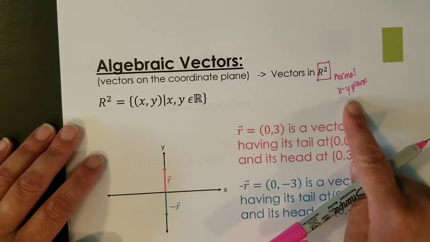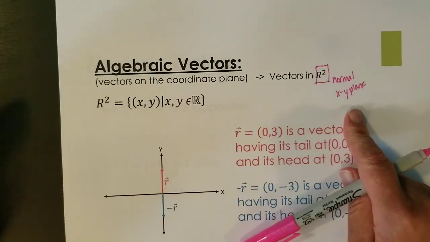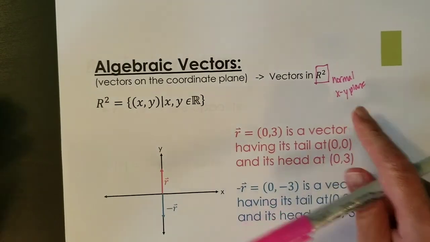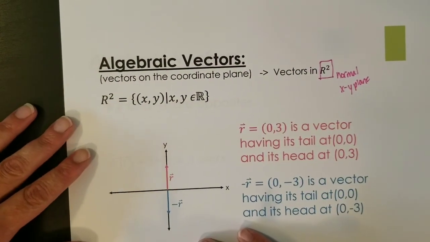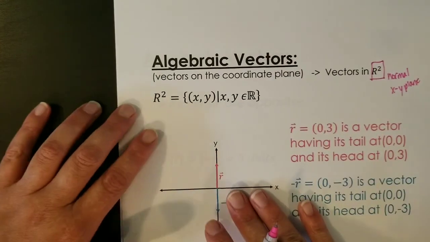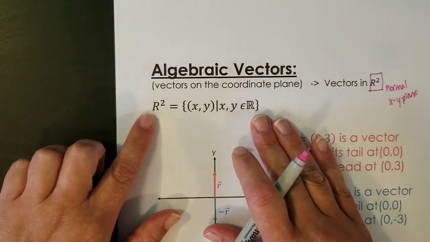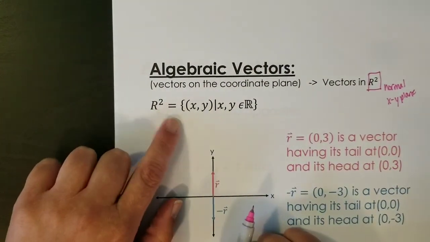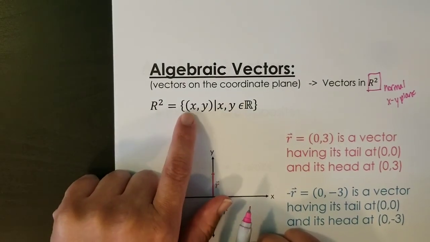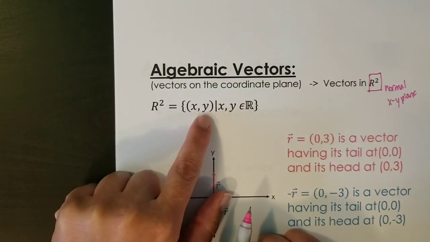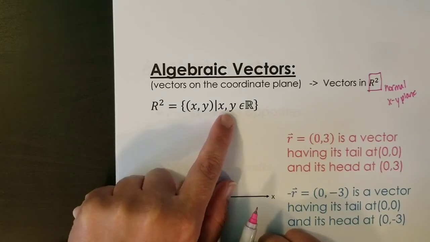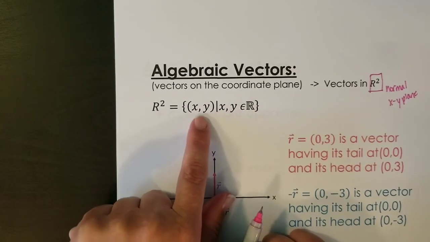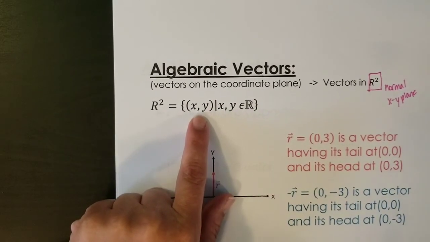This is the XY plane that you've been plotting points on since grade 7 or 8, and graphing on for years. Looking at the set notation here, R2 equals the set of coordinates x and y such that x and y are any real number. So this is just the set of all points on the coordinate plane.